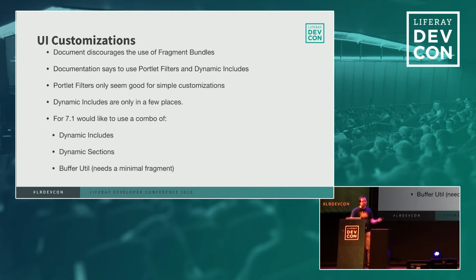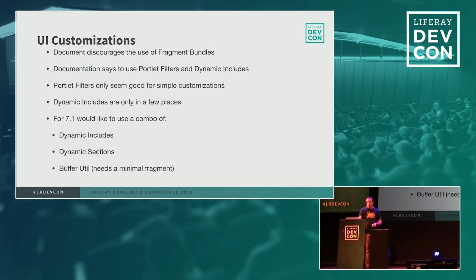I'm currently on 7.0 CE GA6. I'm going to start looking to go to 7.1 soon, and what I'm planning to do is use the fragment bundles to only inject where I want to customize the JSP, to try to get away from replacing the JSP.